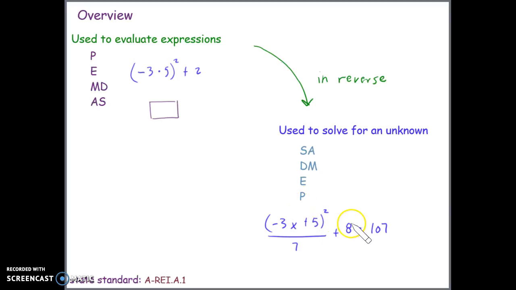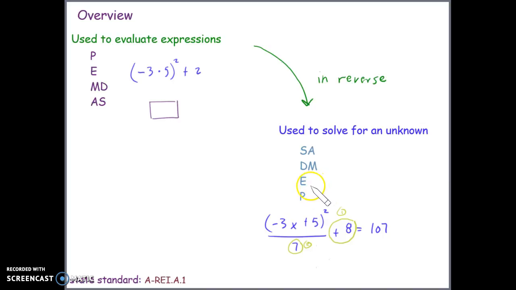So the first thing that we would eliminate is the plus 8, the addition of 8. And then if we're using SADMEP, the next thing we're looking for is things that are being multiplied or divided. We've got the -3 being multiplied, but again, it is in parentheses. So our next step is to eliminate what is being divided on the outside. We would eliminate the 7 that is being divided second.